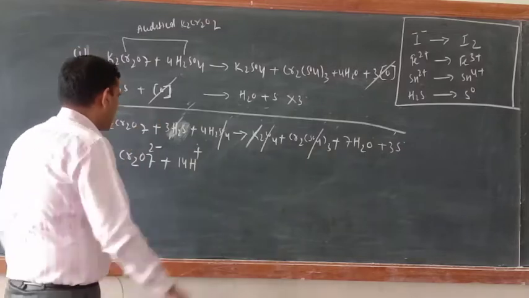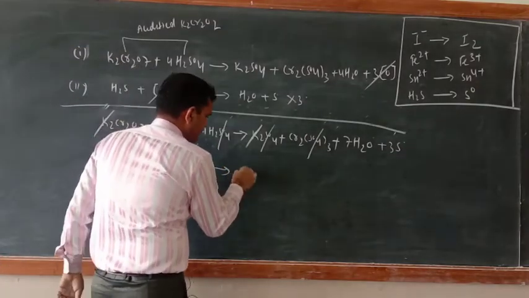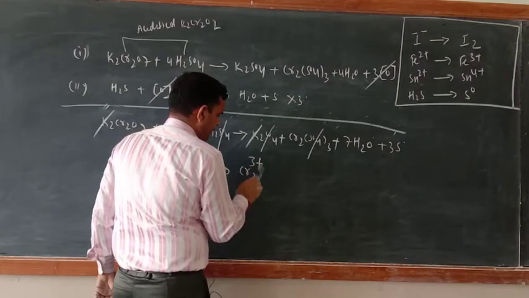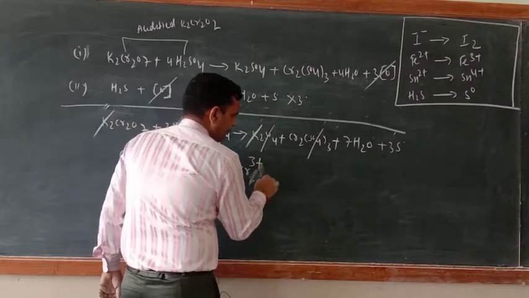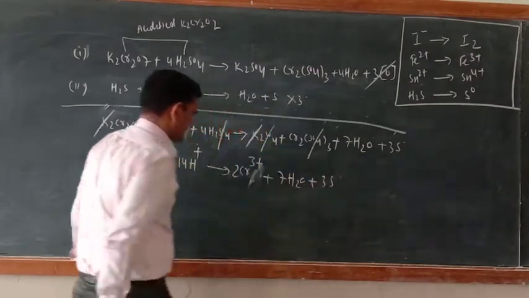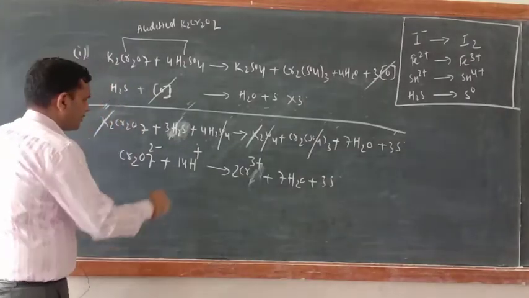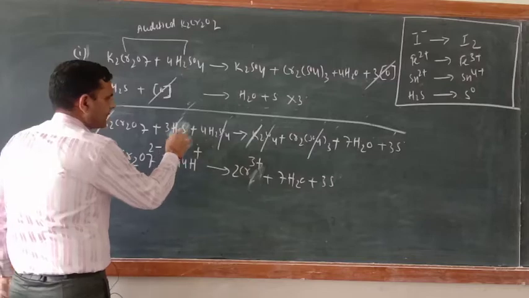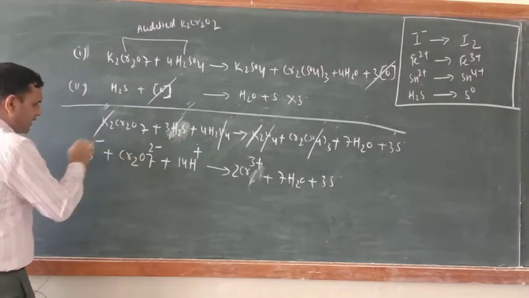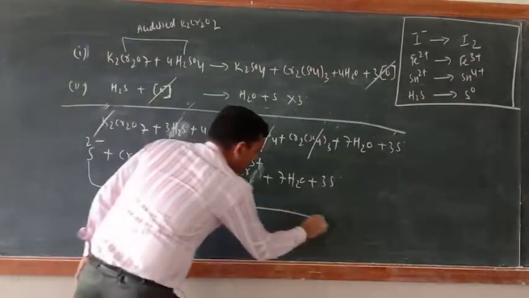Now try to understand here. Plus this is equal to 2 Cr3 positive plus 7 H2O plus 3S. Now this should also be written, S negative 2 to 0.